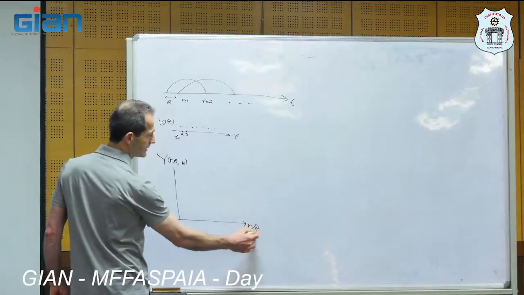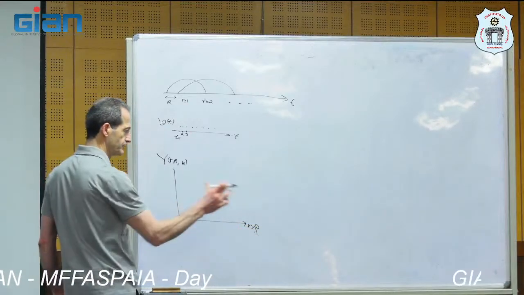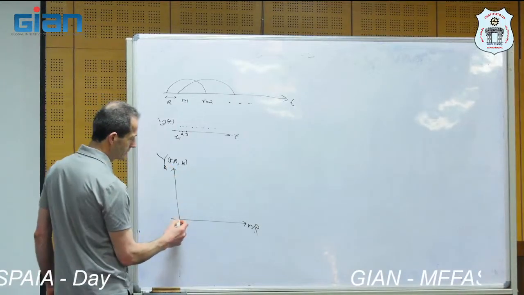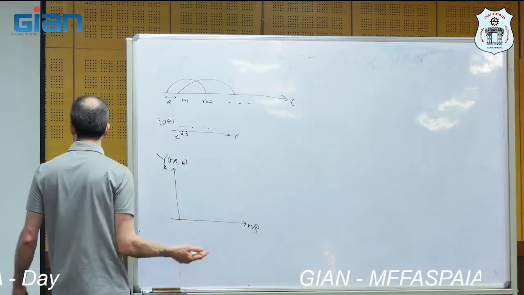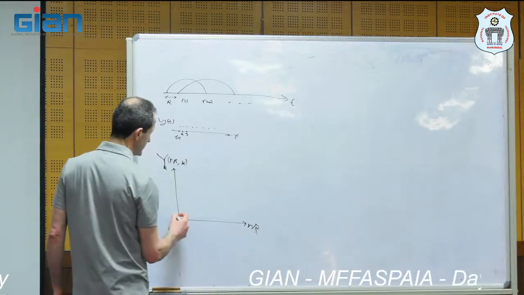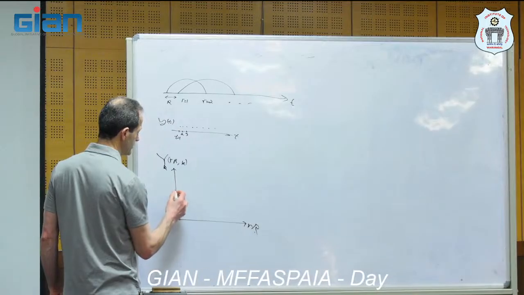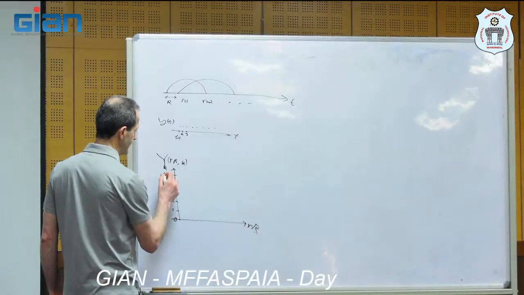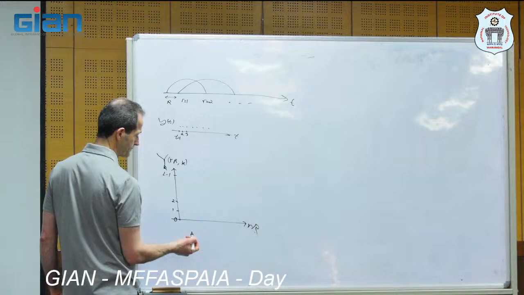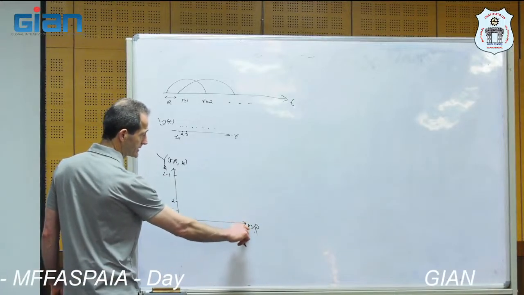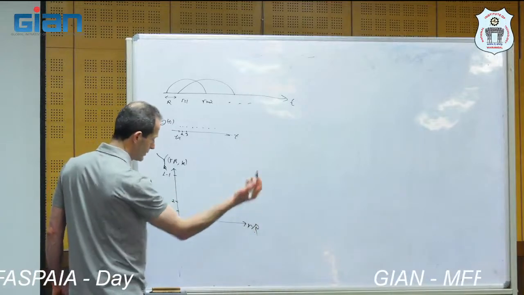But this R is constant. It's just the jump that we do. This is k. So k goes from, let's say, 0, 1, 2, and so on, until L minus 1. And R is 0, 1, 2, and so on, whatever you like.